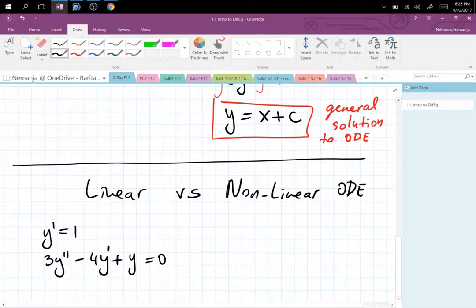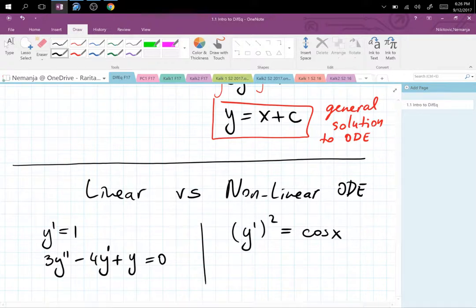Those are all linear. The nonlinear equations would look like y prime everything squared equals cosine x, let's say x is the independent variable. You would have maybe y times y prime minus x equals 3.